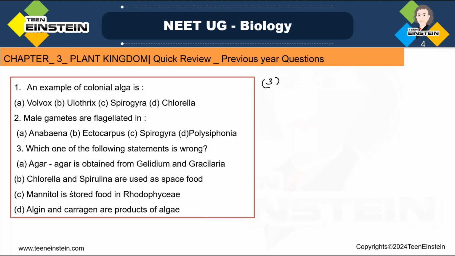Second option: chlorella and spirulina are used as space food. Third option: mannitol is stored food in Rhodophyceae. Fourth option: algin and carrageen are products of algae. So which statement is wrong?